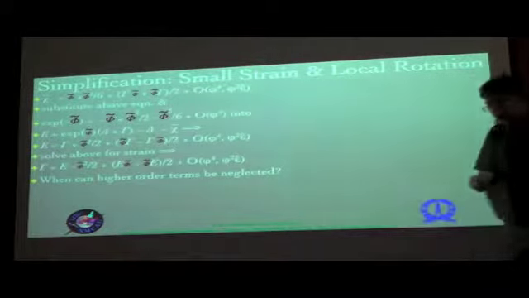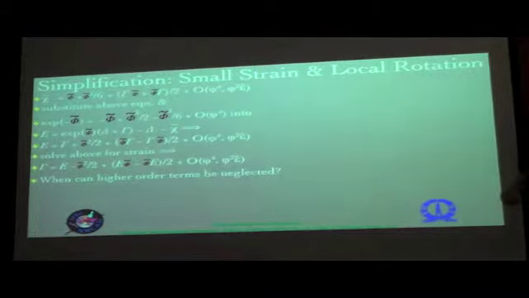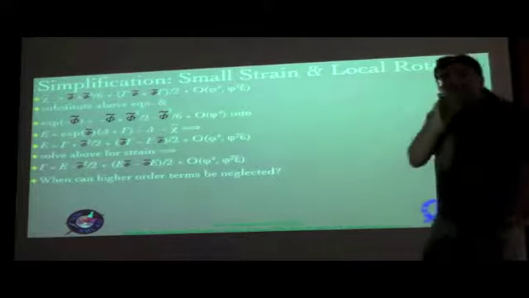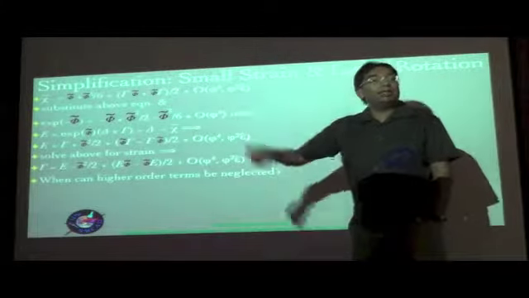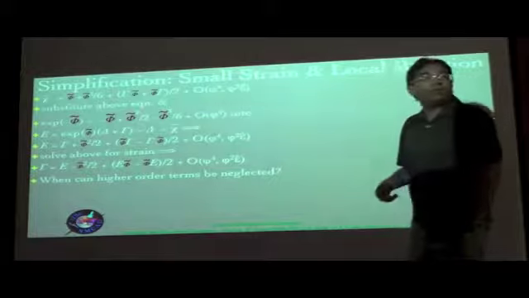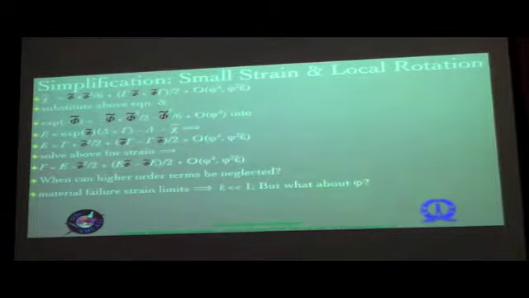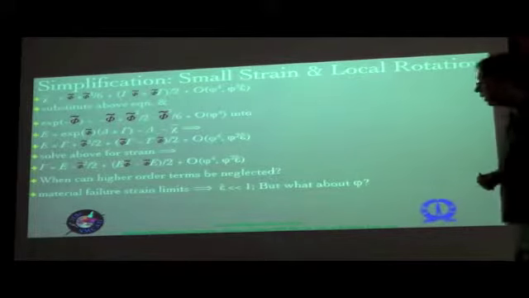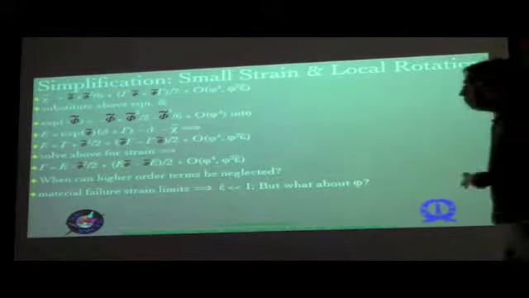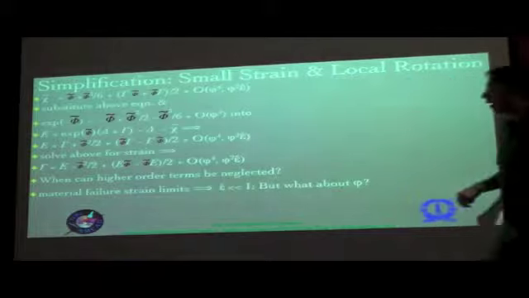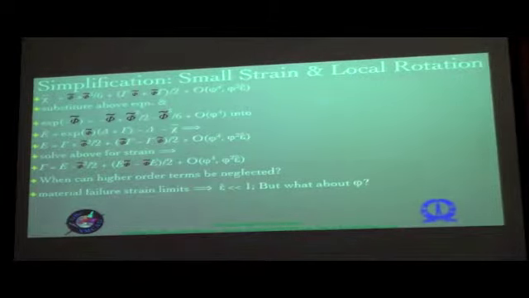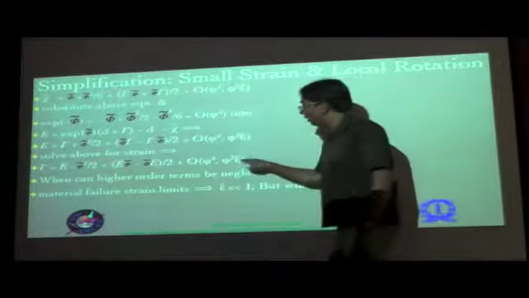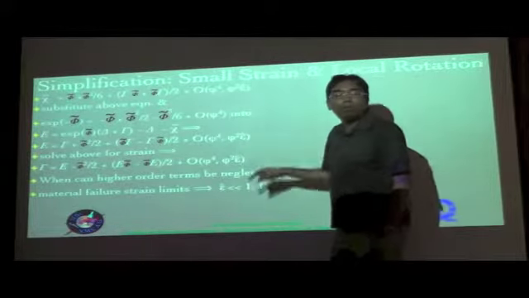That is something which leads us to the original classification we had for the various classes of beams in terms of the cross-sectional shapes and whether certain small parameters exist in the geometry of the cross-section itself. So material failure strain limits of course imply that epsilon hat is very small compared to 1, so that is a straightforward thing to decide with respect to terms which involve epsilon hat.